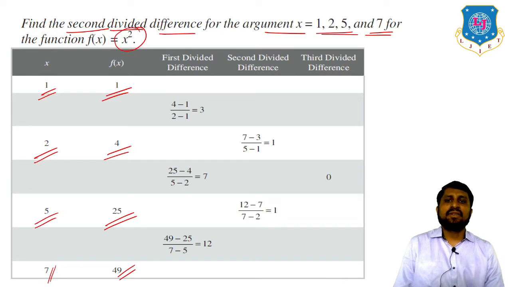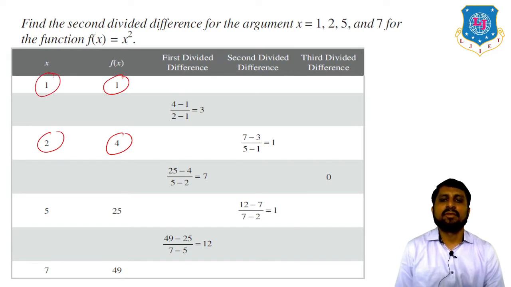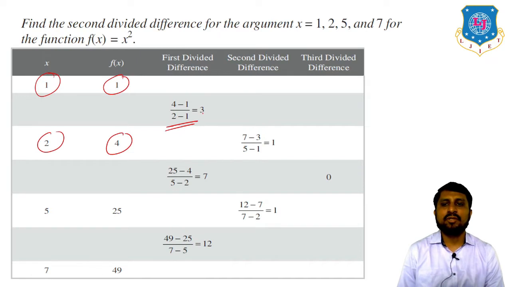Clear? Now the first divided difference. See how you can make it: 4 minus 1 in the numerator upon 2 minus 1 in the denominator, so that is equal to 3.